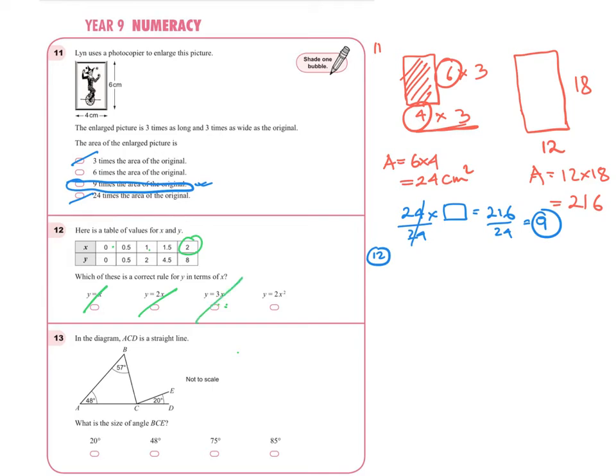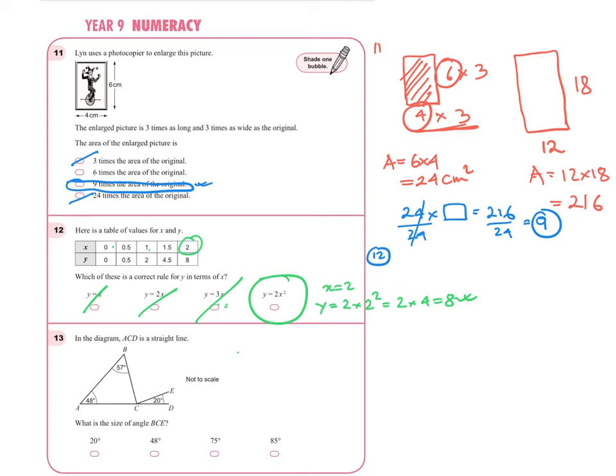It does look like the last one. I would still check by choosing maybe 2 values. So x is equal to 2, y is equal to 2 times 2 to the power of 2. 2 times 4 is 8. Now, it's correct for this one.